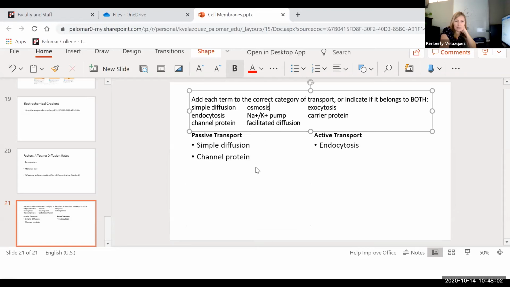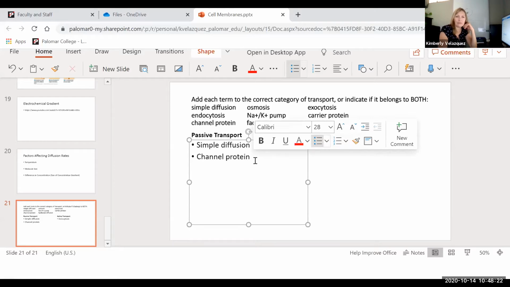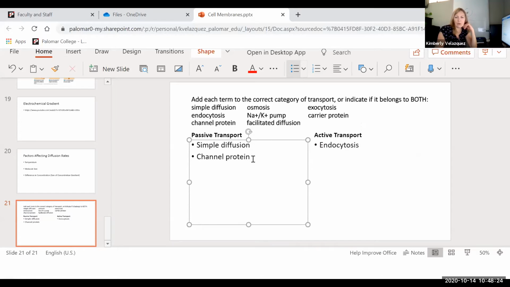Okay, osmosis. Osmosis, of course, is water movement. Is that passive or active? Yeah, you guys have got this down. So this is passive. So water movement does not require energy.